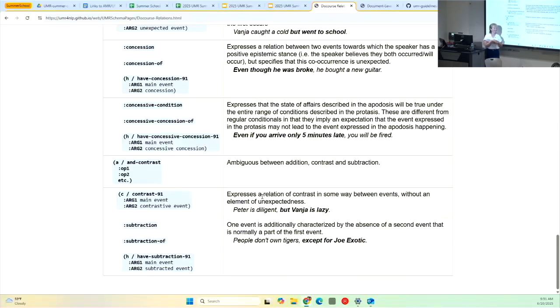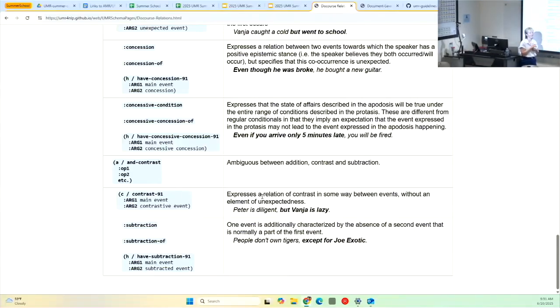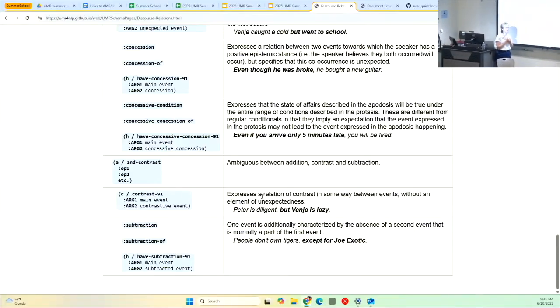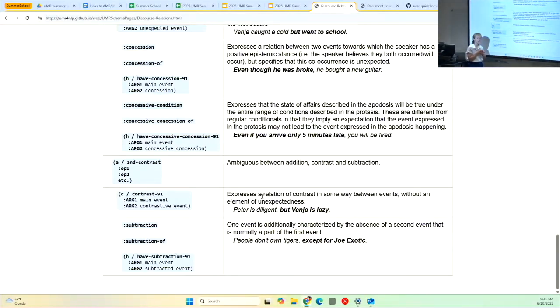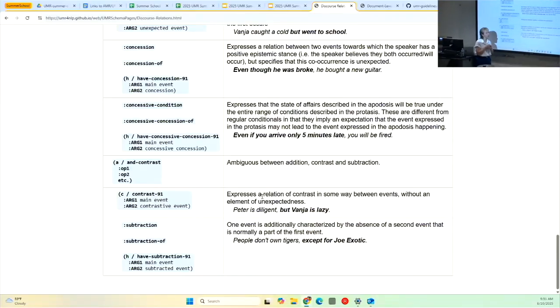I'm sorry, I just have a quick question. Do you know if UMR has been used for argument mining so far? I'm not sure. Bert, do you have an answer for that? Used for argument mining. Yeah, because I was wondering in terms of discourse relations across different sentences, because that would probably be one of the main usages.